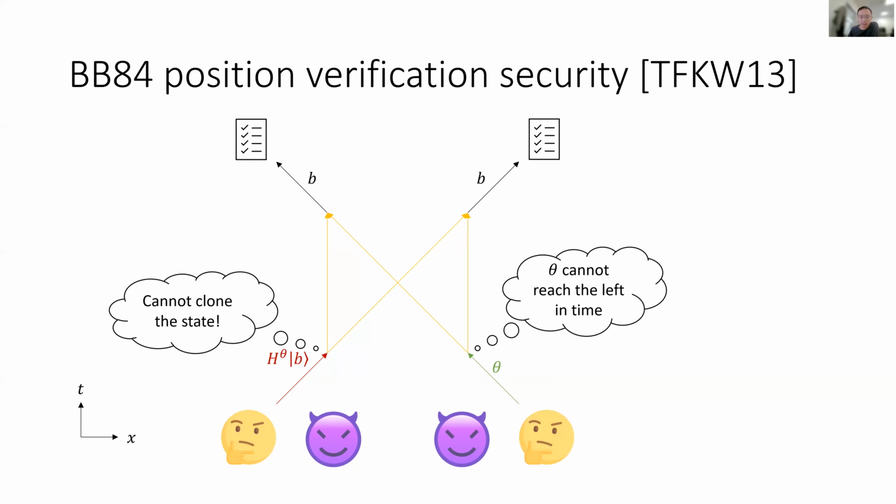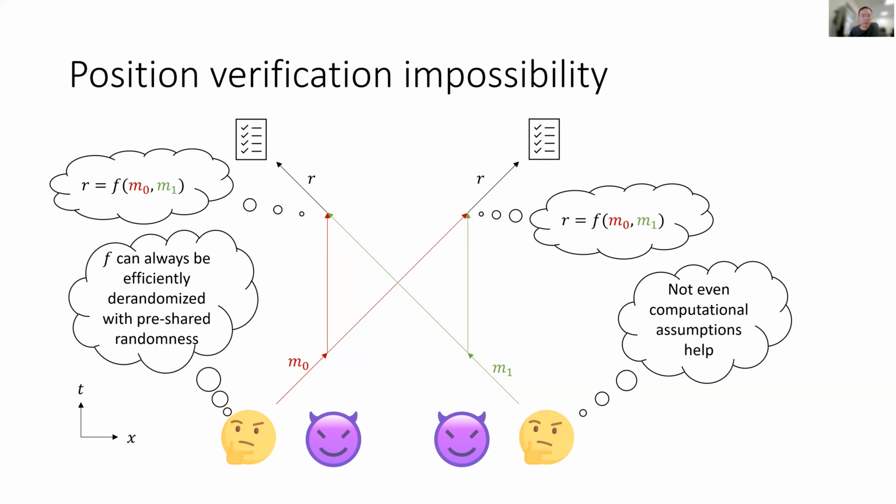So given this protocol, let's go back and reflect on the position verification impossibility. Basically, the way that they evade this impossibility is by this bubble. In particular, I said F can always be efficiently de-randomized, but here, instead of considering a classical function F, they're considering something that is inherently quantum.